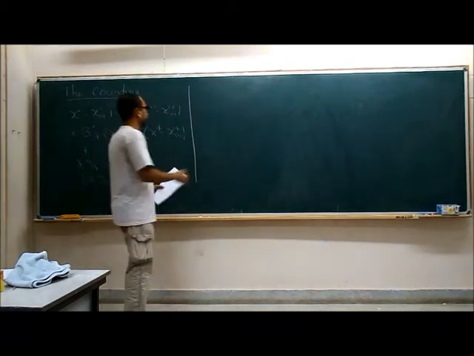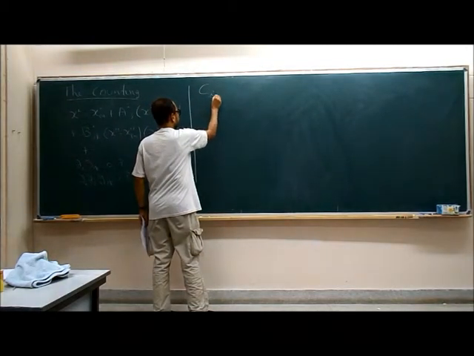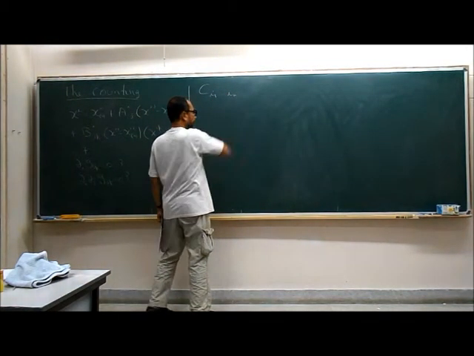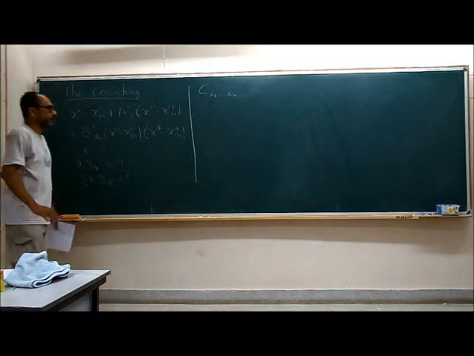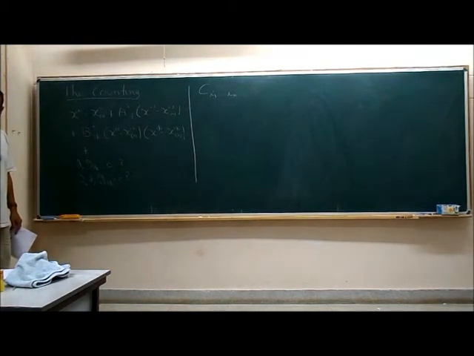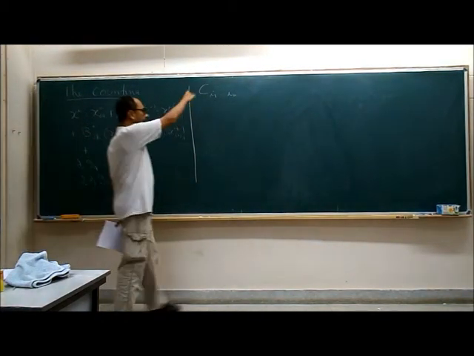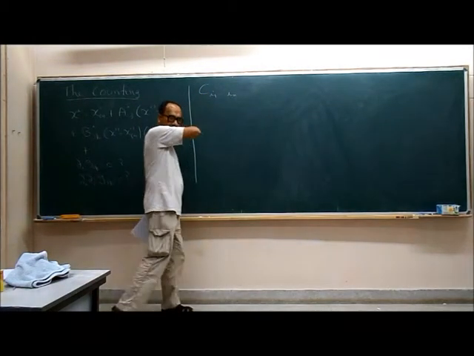So let's imagine that we have some tensor c_i1 to in. We will not make any commitment about the rank of the tensor right now. I take everything lower, but that's also not necessary.